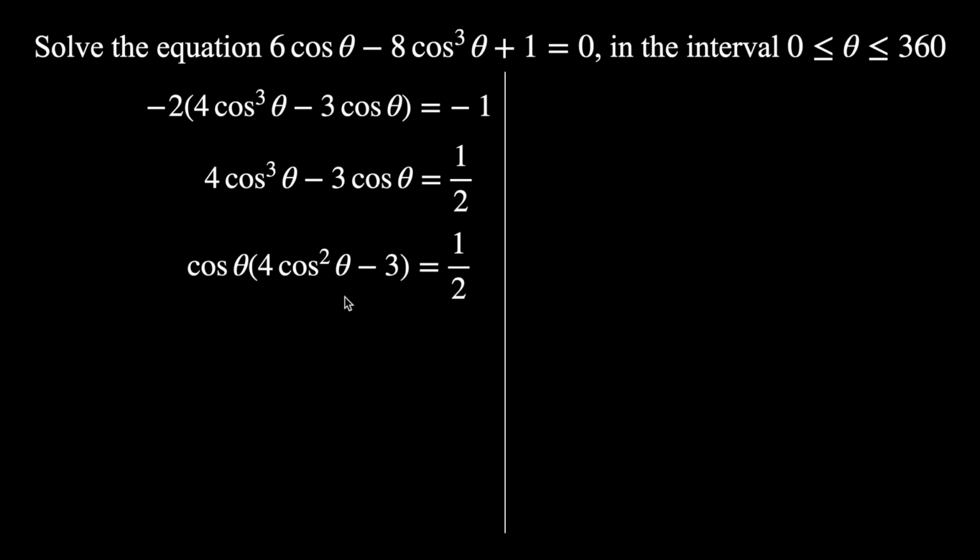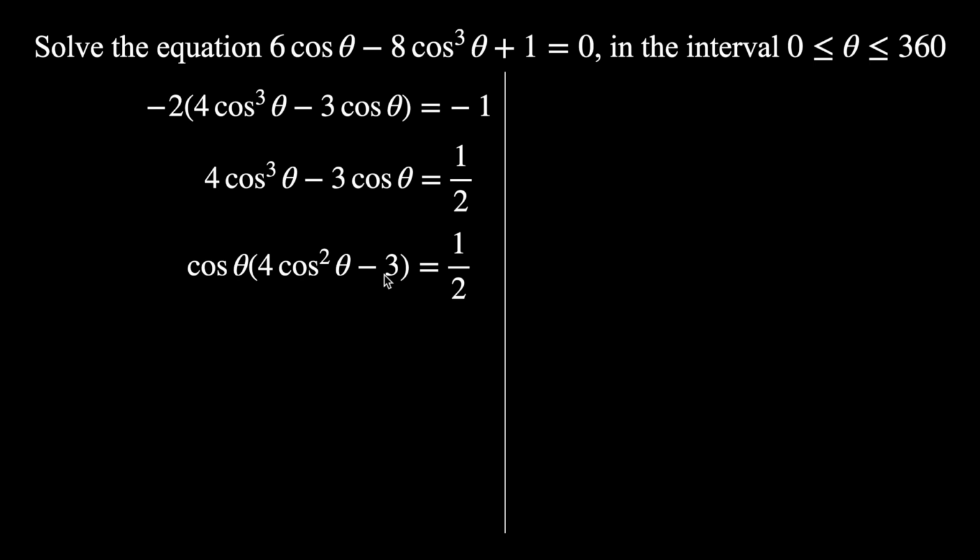Well, this expression here, 4 cosine squared theta take 3, kind of reminds me of one of the identities for cosine 2 theta, one of the double angle identities. So the next thing I might try is see if I can somehow rearrange this so I get 2 cosine squared theta take 1.